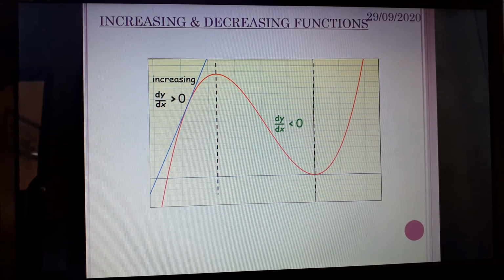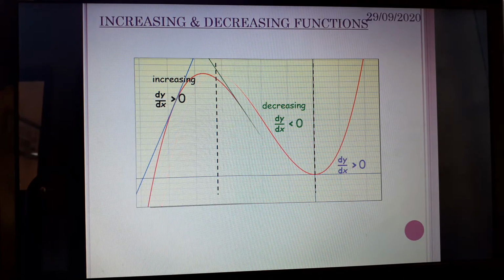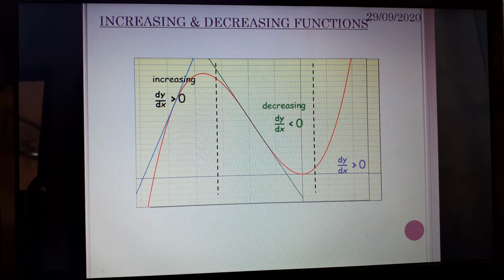If we were to draw a tangent on any part of that graph, we would have a line sloping down the way. So if the gradient is negative, then dy by dx would also be negative, so dy by dx would be less than 0. And that would mean it's a decreasing function. So if dy by dx is less than 0, then the function is decreasing.